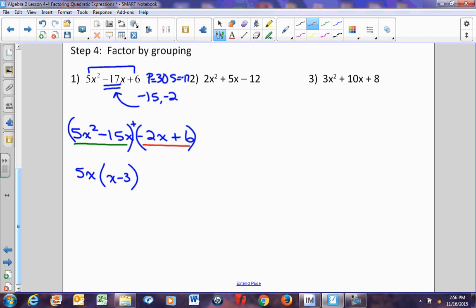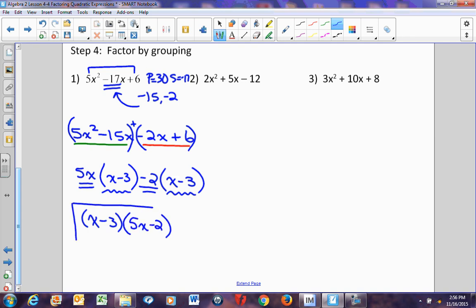So I'm going to take out a negative 2, and I'm going to be left with x minus 3. Which is good, because when I take out everything, what I want is a common term. And there it is. My x minus 3 is my common term. It's common to both parts of this grouping of this polynomial, so I take it out once, x minus 3. And then whatever's left over, I write as my second part of my polynomial, 5x minus 2.